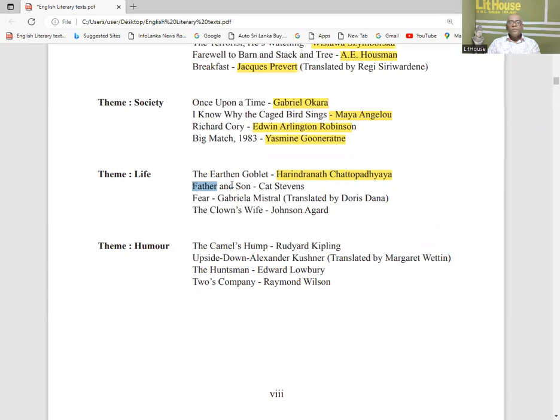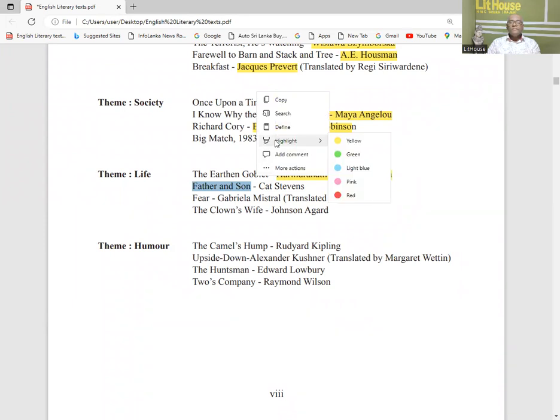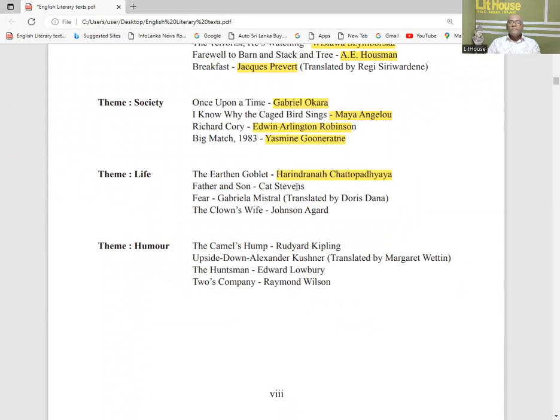Second one, Father and Son, the poet Cat Stevens.